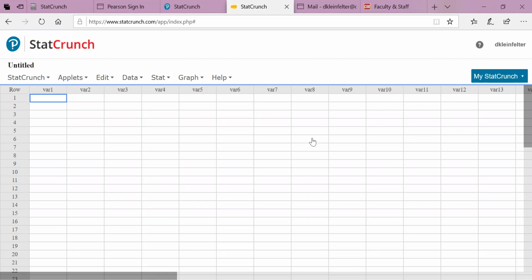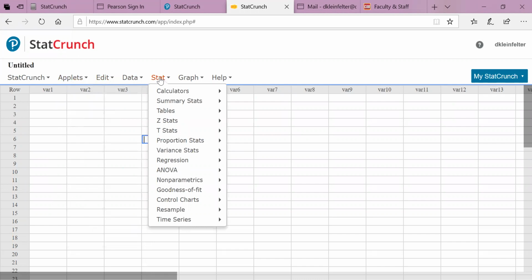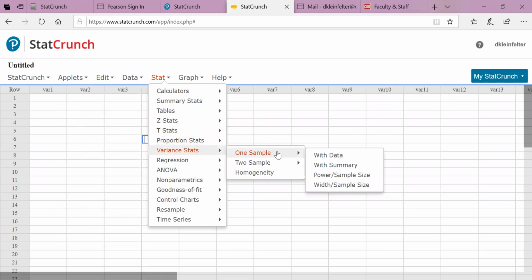So one other thing I would like to do is show you how to use StatCrunch to find the confidence interval for the variance and standard deviation. To do that, we will go into Stat, and then you want to go down to Variance Stats. We have one sample. With this particular problem, we were given the times for the two banks.